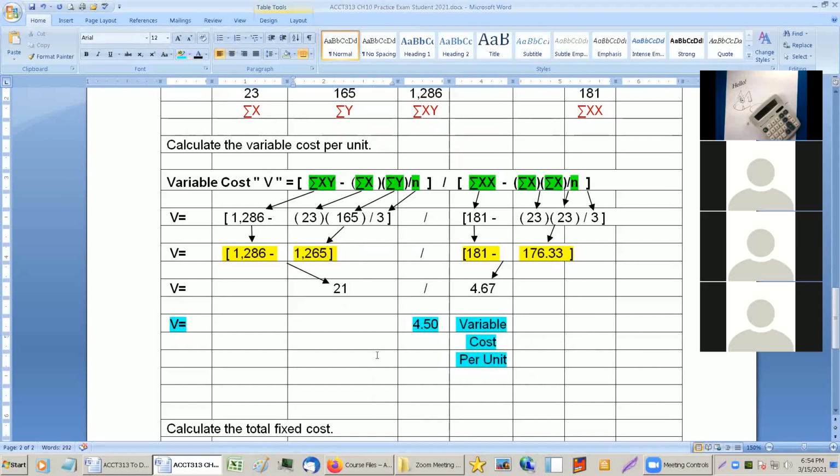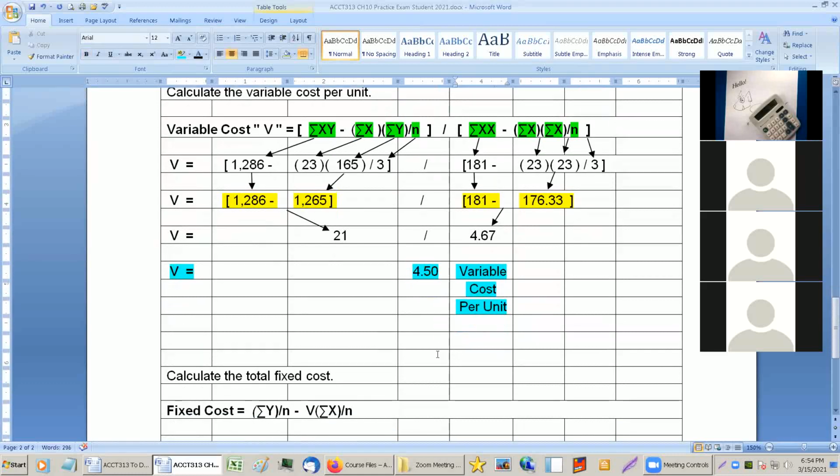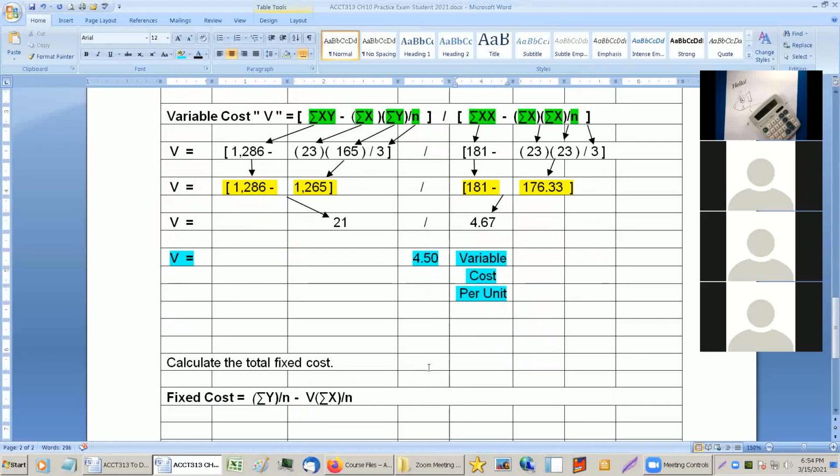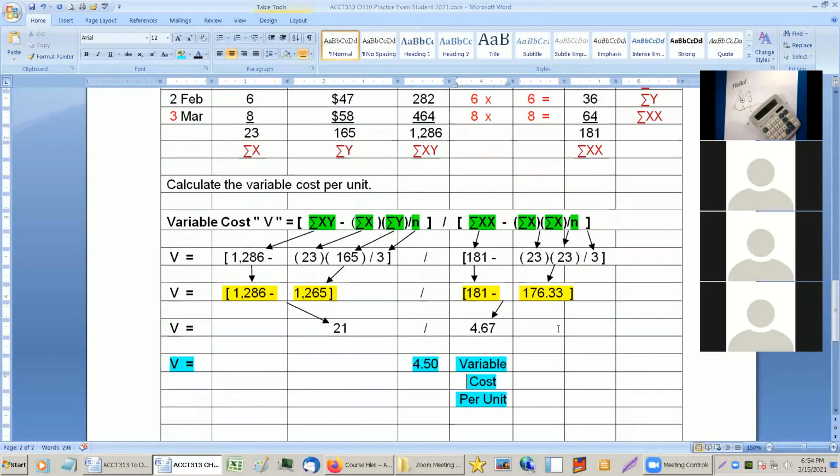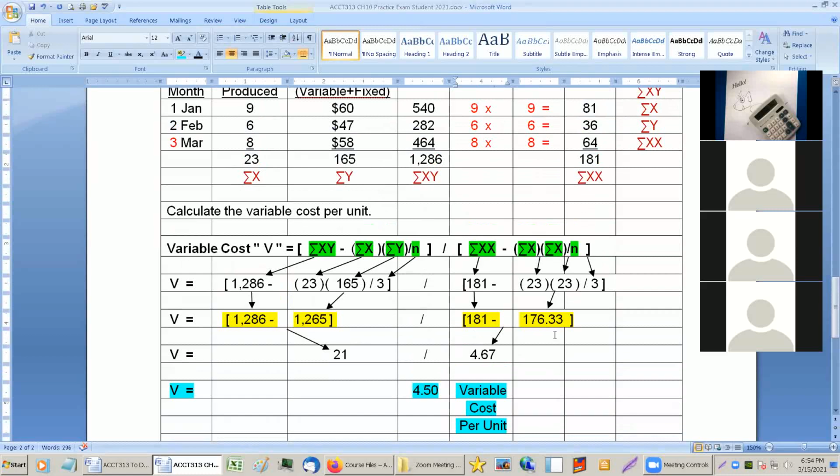And this is our best estimate of that, 4.50 or 4.49 if you kept that. Any questions on that?